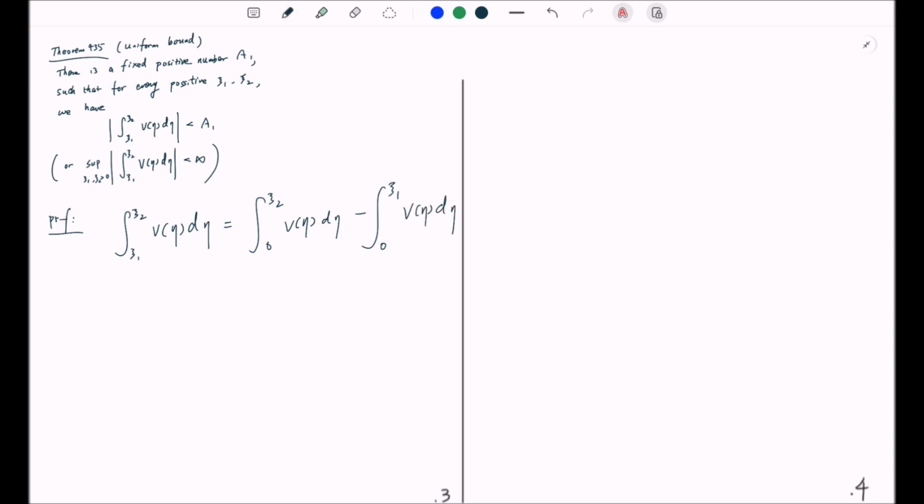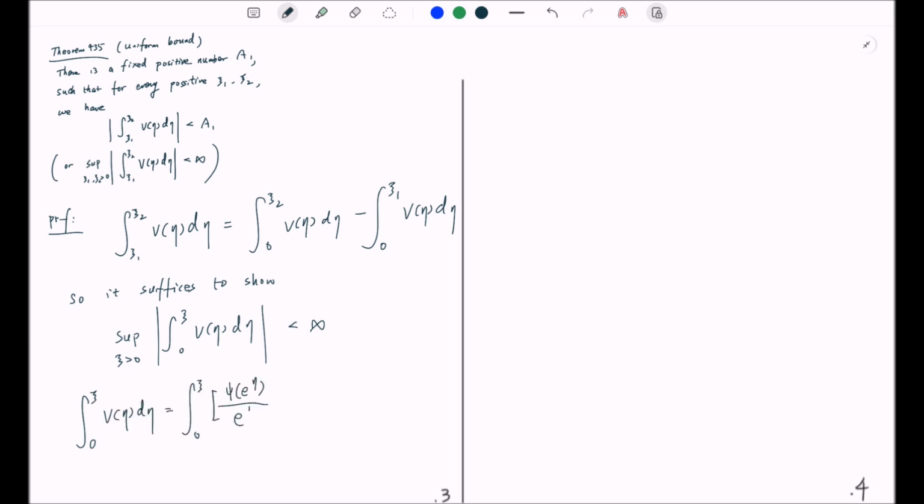Now, by the triangle inequality, to show that this is bounded by an absolute constant, it suffices to show these two are bounded by an absolute constant, respectively. And now, we use the definition for v and perform a change of variable here.